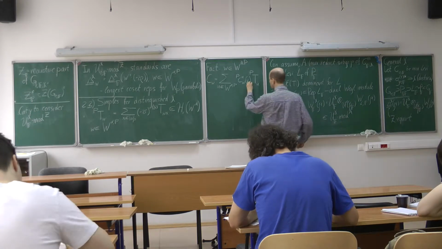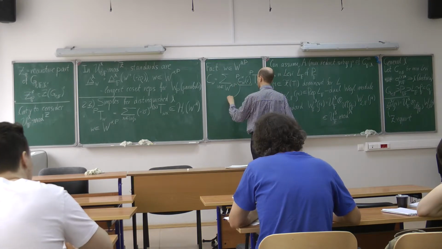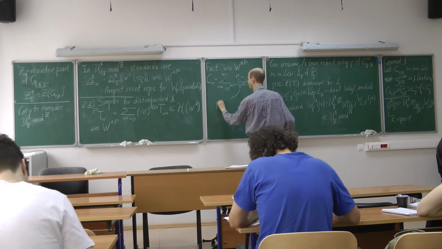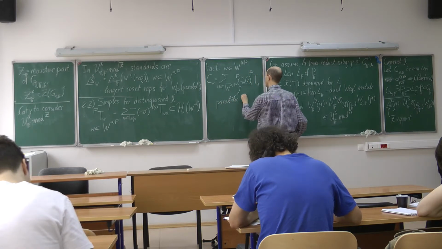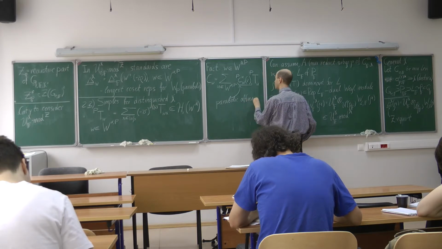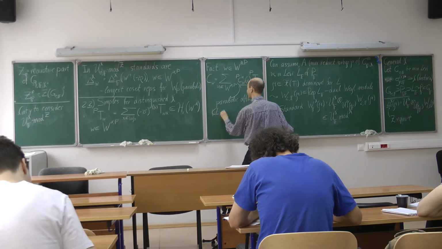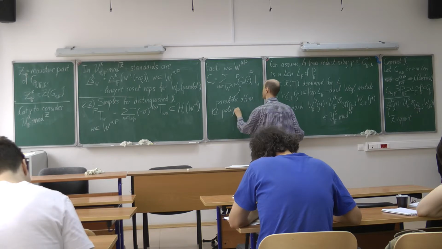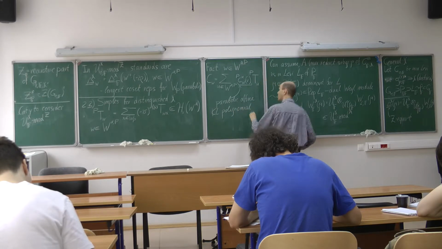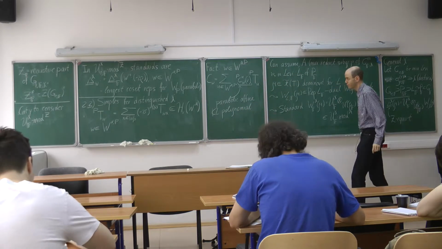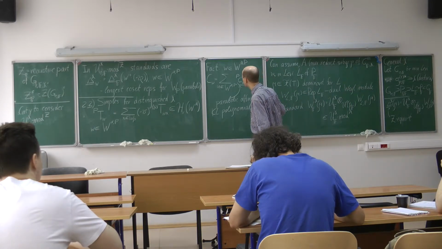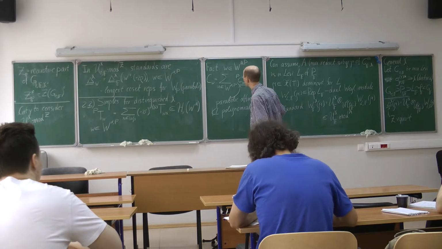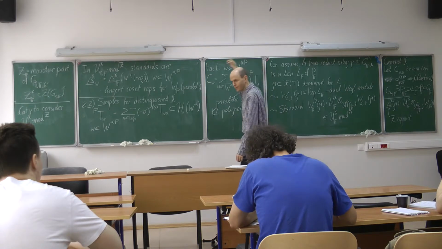So this coefficient is known as a parabolic affine Kazhdan-Lusztig polynomial. It's a polynomial in v. Is it necessary for this fact to be defined for a finite group? I mean, is it a fact for a finite group? It's a fact for every Weyl group. Yeah.